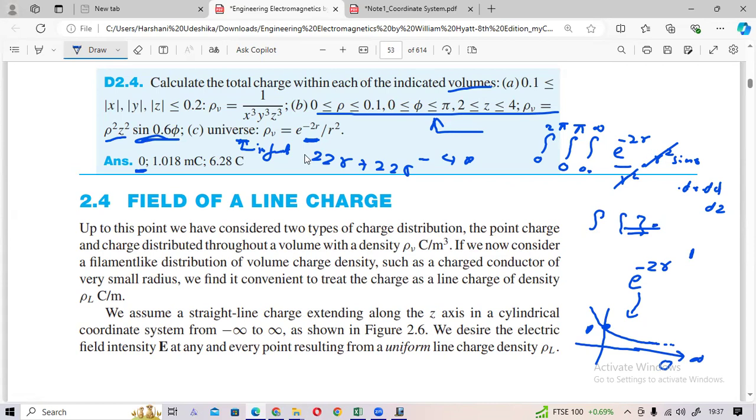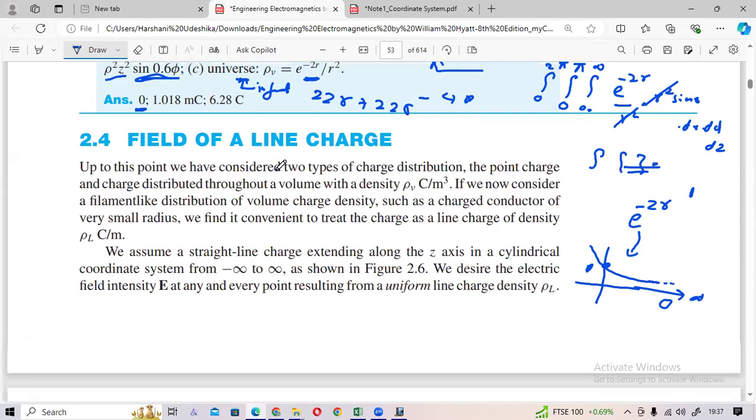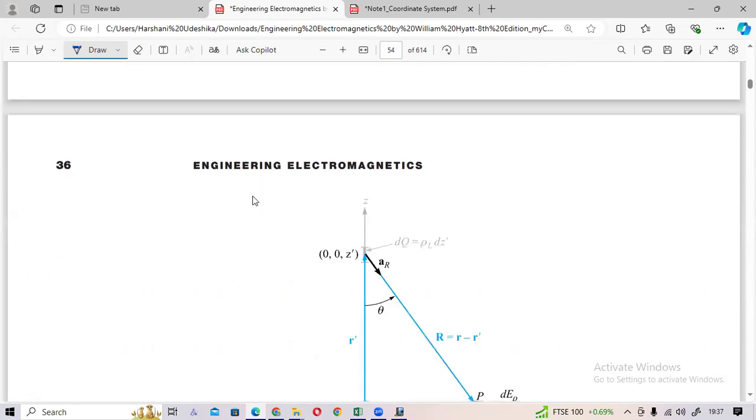Because if you integrate, for example, e to the power minus 2R from 0 to infinity, dr, what is the answer? E to the power minus 2R itself divided by minus 2.